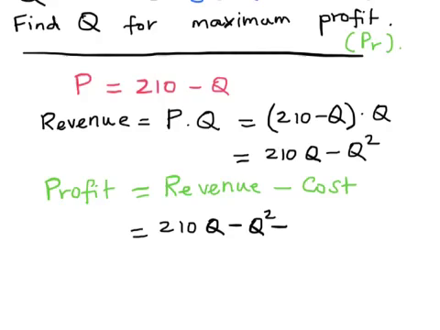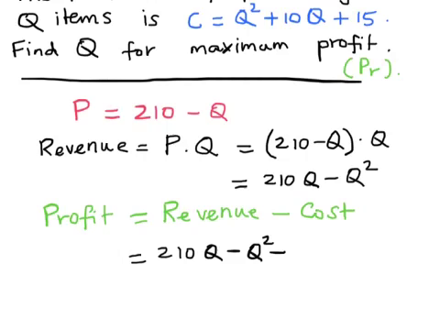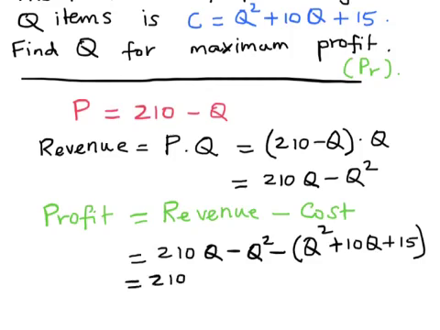Let me bring this back a little bit so we can see and write. So the cost is Q square plus 10Q plus 15. And we'll go ahead and simplify this. We have 210Q minus Q square. We'll distribute this negative sign into every term inside the parentheses, and that would give us minus Q square minus 10Q minus 15.